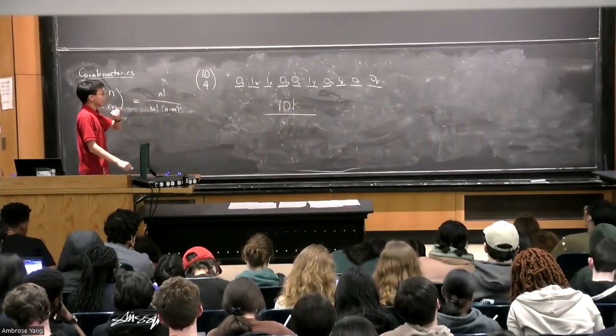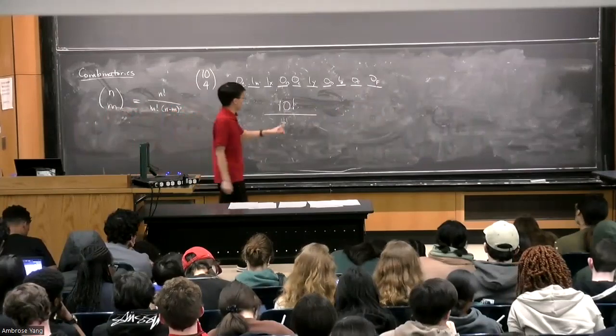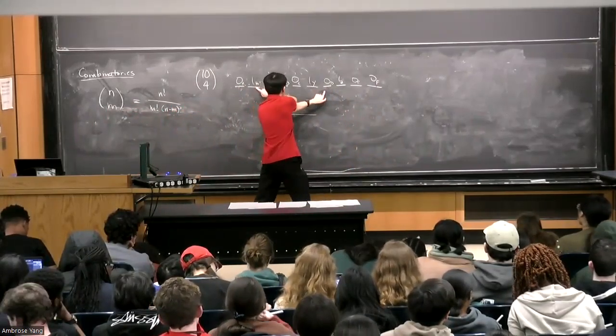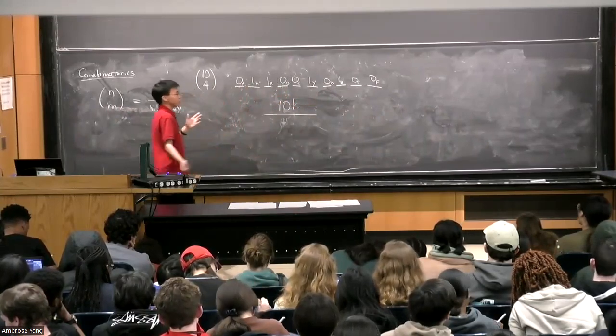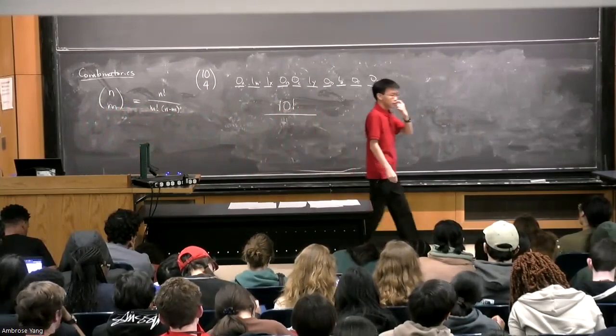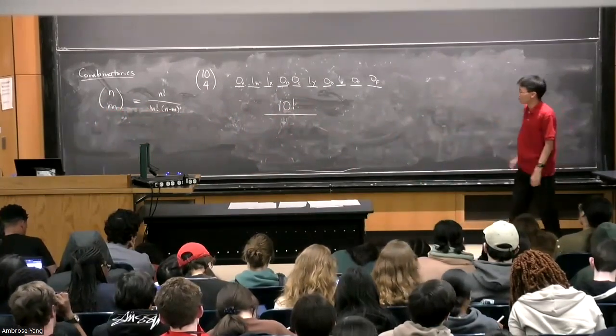But in fact, these zeros and ones are not distinguishable. We can't tell the difference between this 0 and this 0. In fact, if I were to swap these 2 zeros, you get the same sequence. So this 10 factorial is severely overcounting the number of possible bit strings, 10 characters, 4 ones.